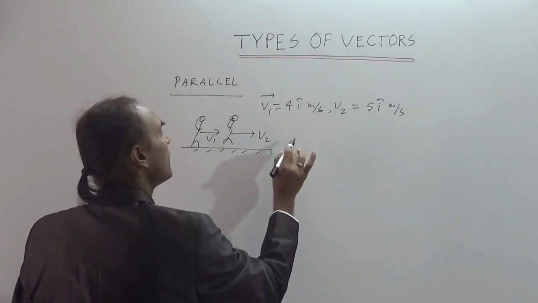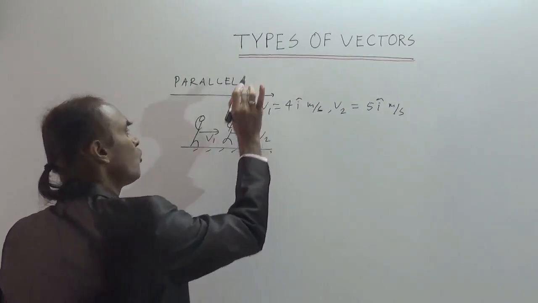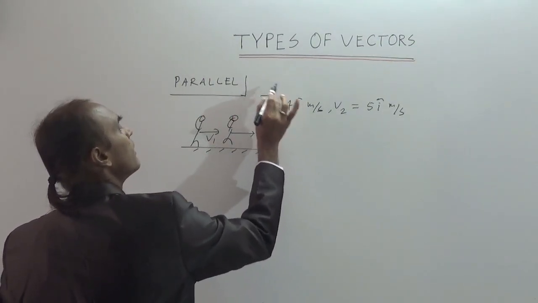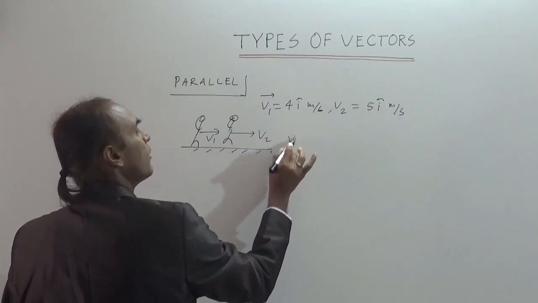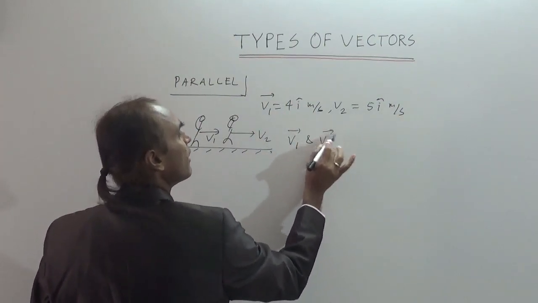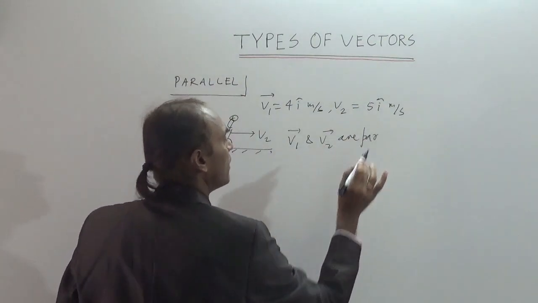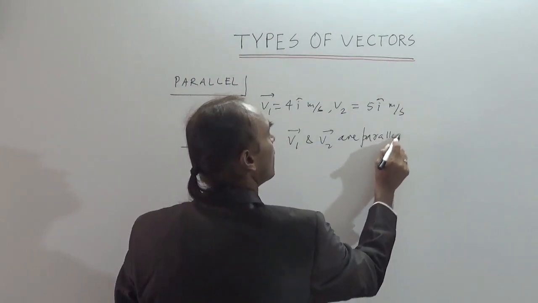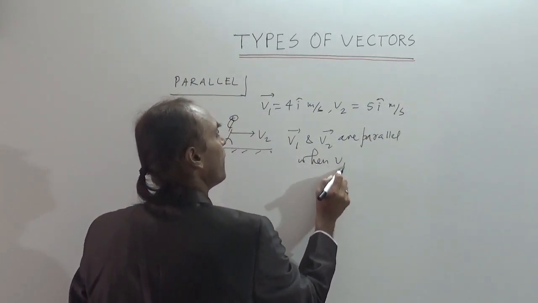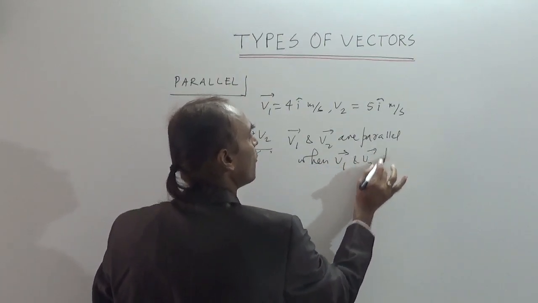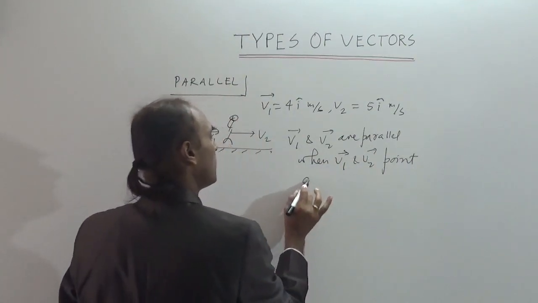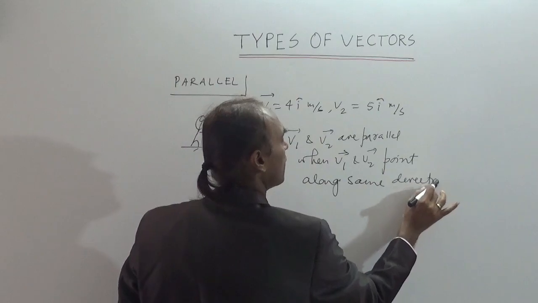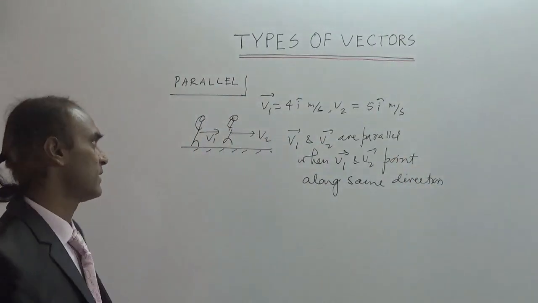Then only you can say that these two vectors are parallel. So two vectors are parallel only when they are pointing along the same direction. When v1 and v2 point along the same direction, we call them parallel vectors.